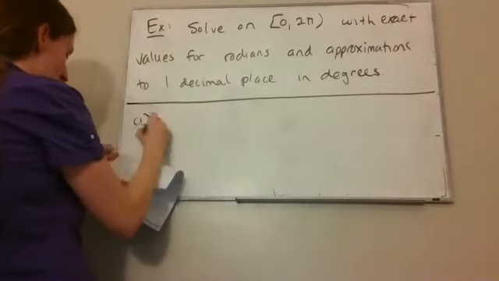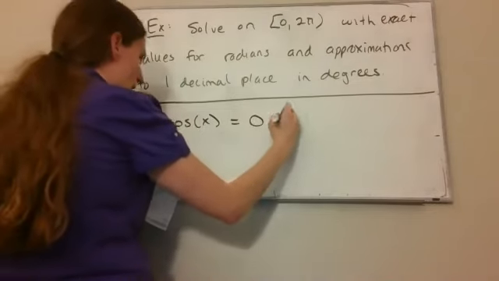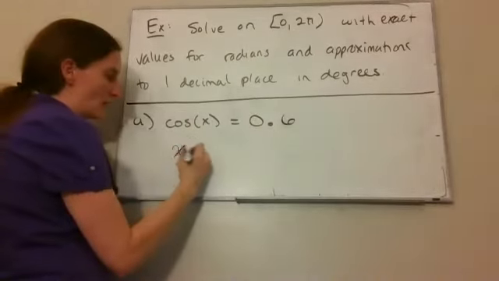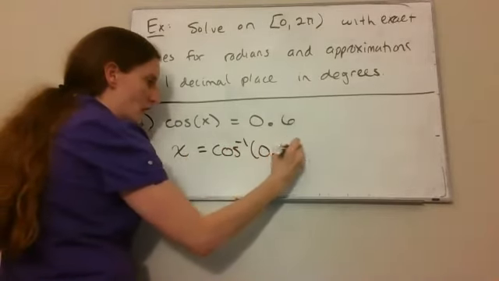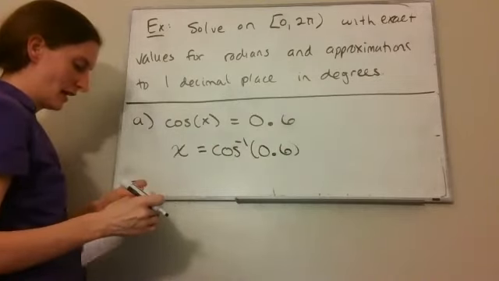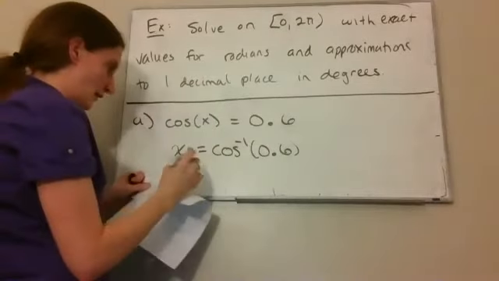And our first one is cosine of x equals 0.6. So I would solve this by doing x equals cosine inverse of 0.6 and type that into my calculator to get the degrees.